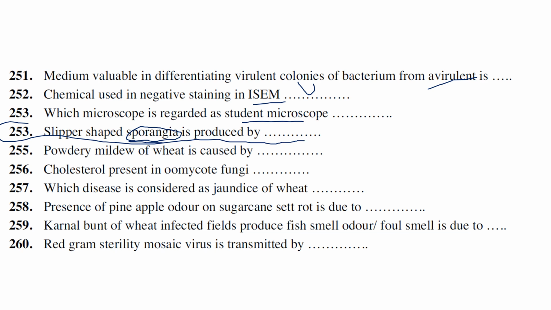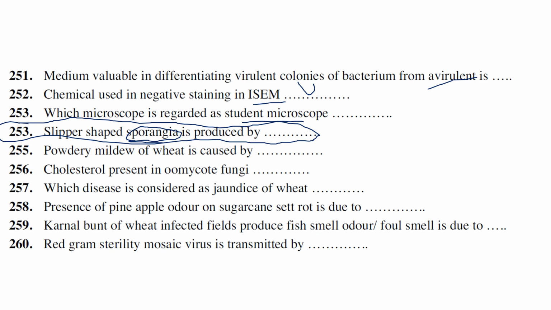I can't answer it right now, because slipper shaped conidia, I think, are produced by things like Physoderma, Physoderma maydis. Sporangia, no, there are no such sporangia, right? Only maybe globose ones, but the slipper shaped sporangia. Anyway, I will recall it and let you know in further editions, or else I will comment in the comment section.